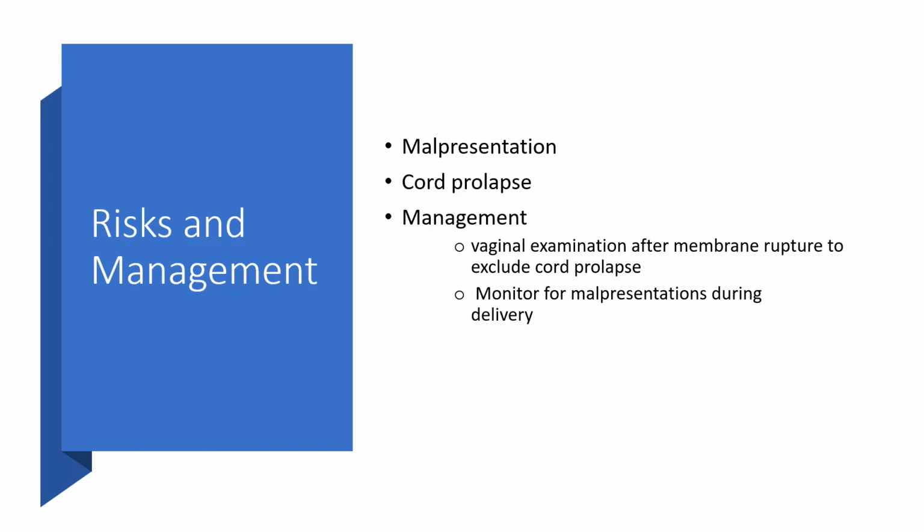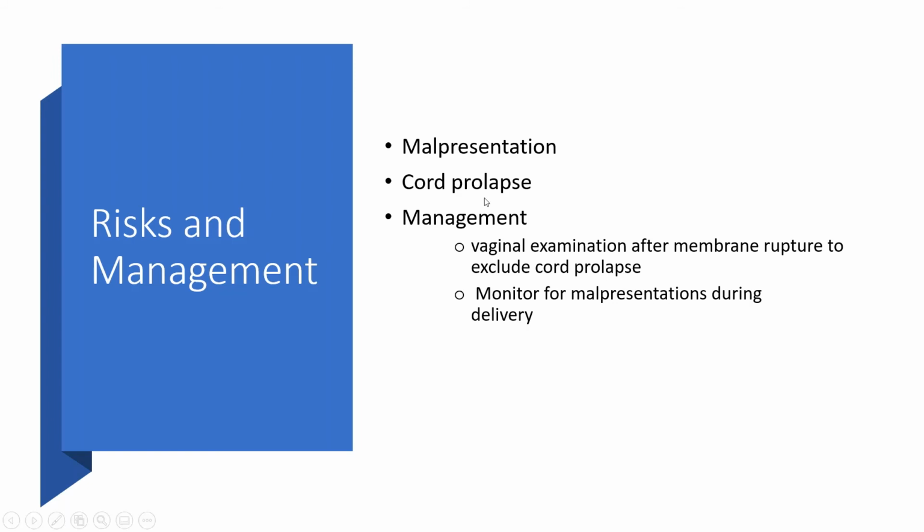That is normal. But here the baby has too much amniotic fluid and too much free movement, so that can result in malpresentations. Maybe breech presentation, meaning buttocks presenting, or maybe transverse presentation. So malpresentations are very common with polyhydramnios.